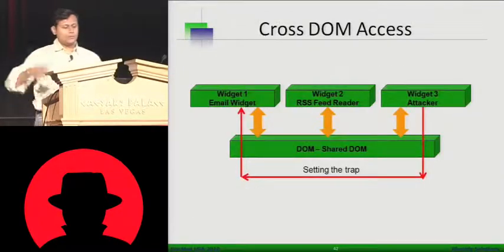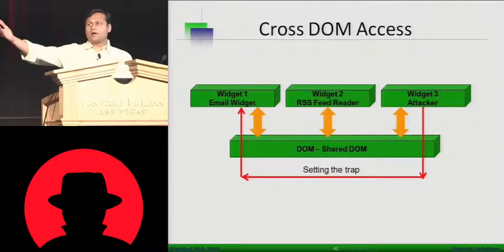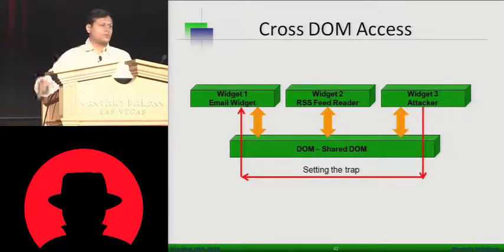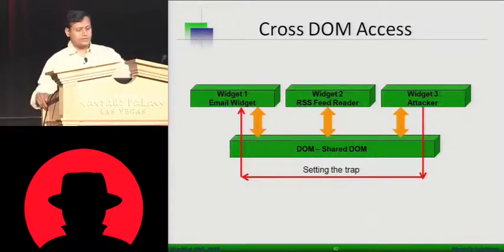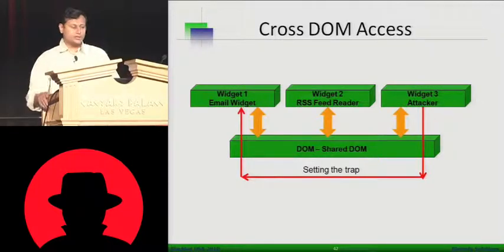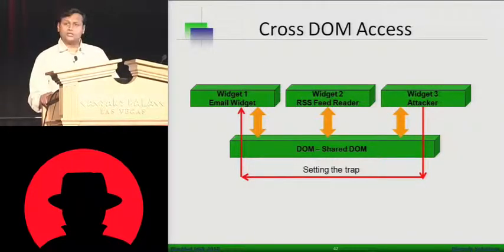So say for example you have a widget architecture where you are saying, okay, I'm interested in this widget, load this widget. I'm interested in this widget, load this widget. So for example, over here you have three different widgets. Widget 1 is an email widget, widget 2 is an RSS feed reader, widget 3 is an attacker widget, for example. And you are using the same DOM, or the shared DOM or some area of the DOM as such.